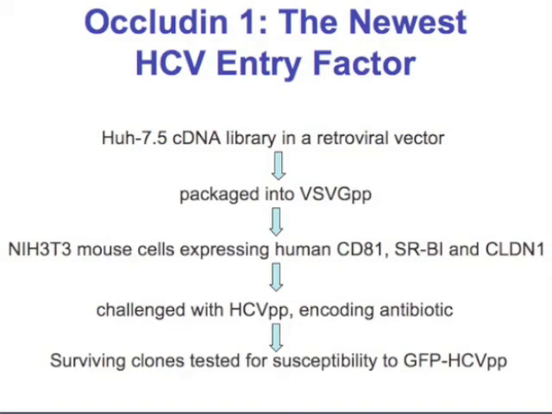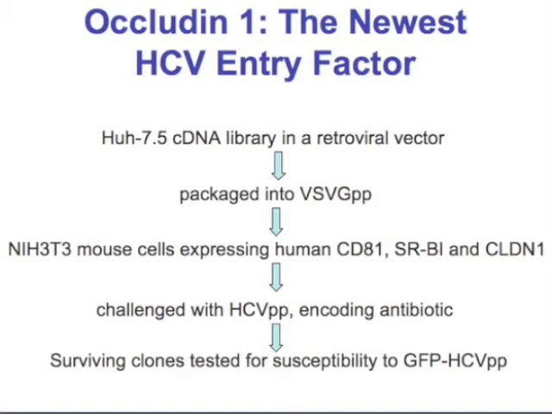So they made a cDNA library, put it in a retroviral vector, and they packaged it into pseudoparticles with a different virus, VSV, the glycoprotein G. So they used the VSV-G pseudoparticles to introduce this cDNA library into mouse NIH3T3 cells that had CD81, scavenger receptor B1, and claudin-1.